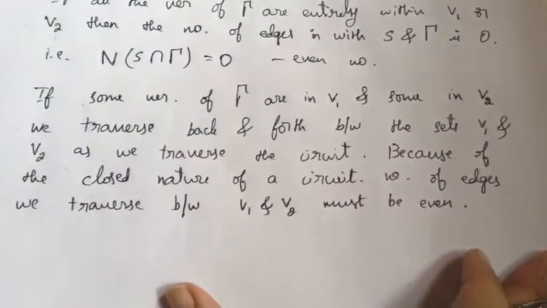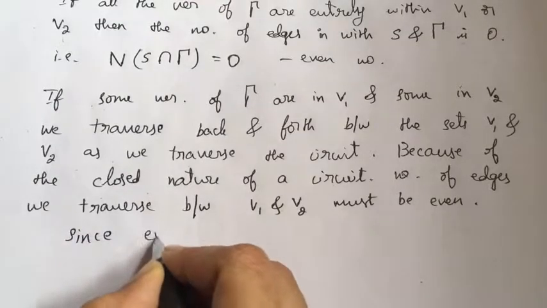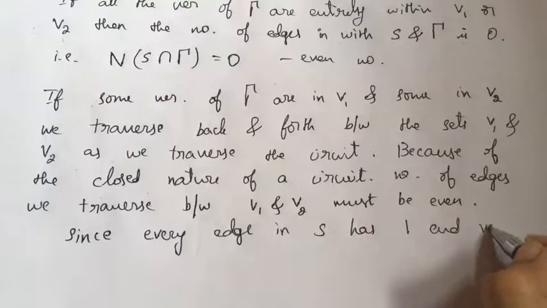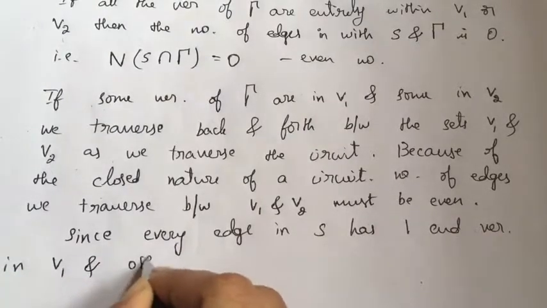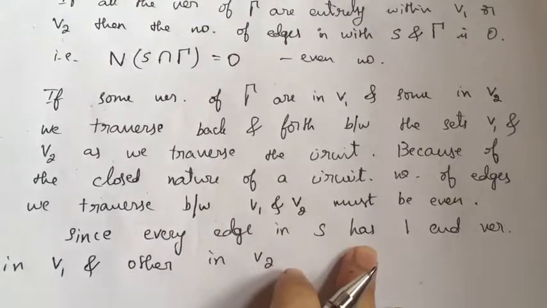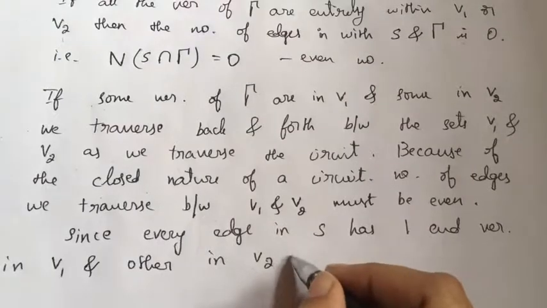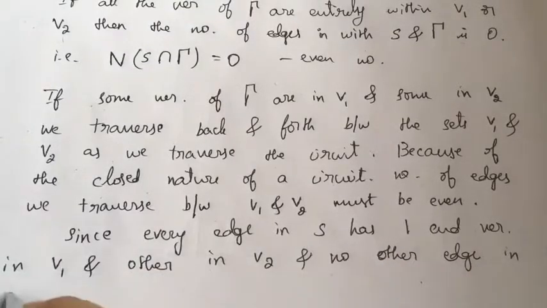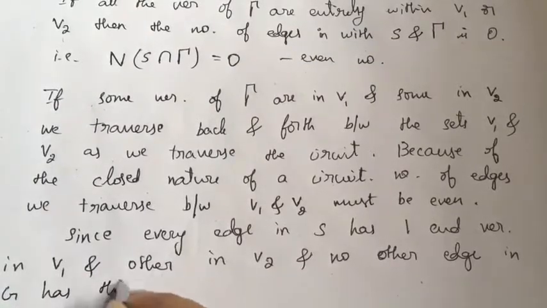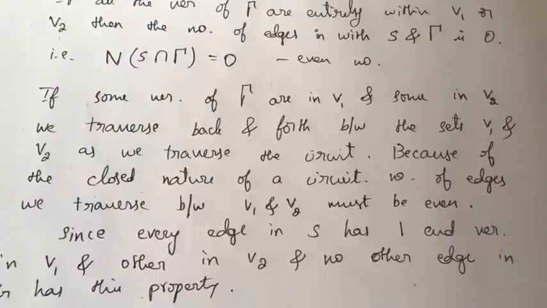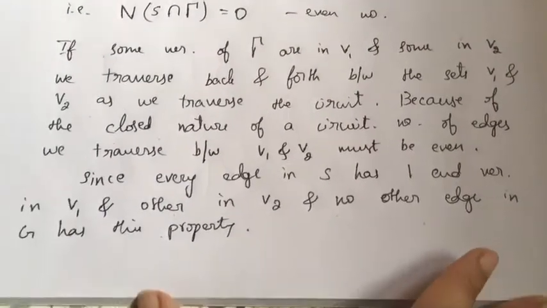So I'll continue writing. Since every edge in S has one end vertex in V1 and the other in V2, and no other edge in G has this property other than the edges of S, therefore, the number of edges common to S and gamma is even.